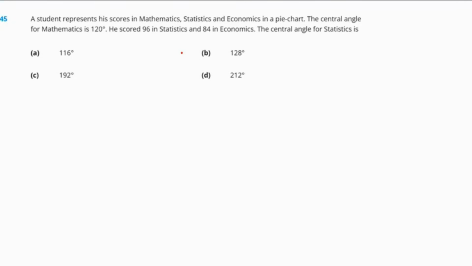Okay, so as we already know, the central angle for mathematics is 120 degree.